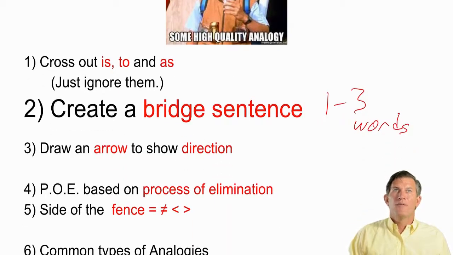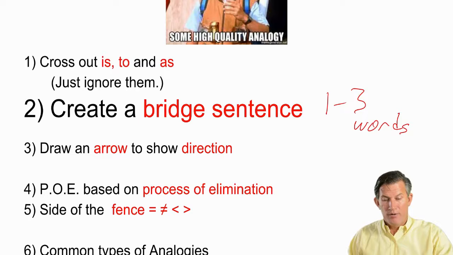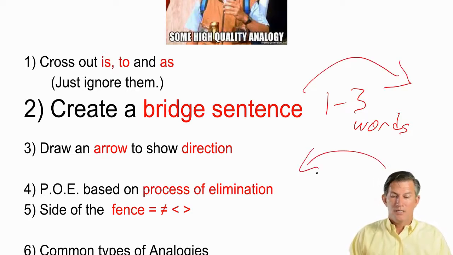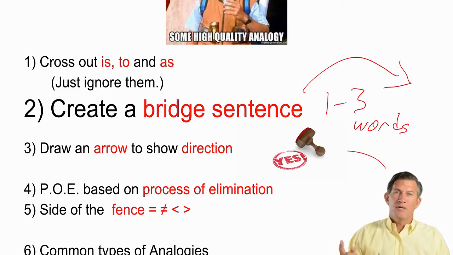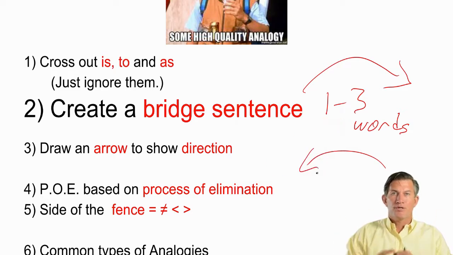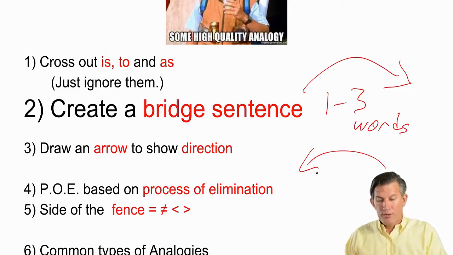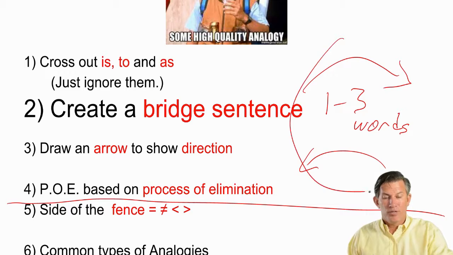But then you've got to have a direction of an arrow. It's either got to be this way or that way. Does the direction matter? Absolutely. What will be the sucker's answer? It'll be the right relationship going the wrong direction. So be careful, okay?